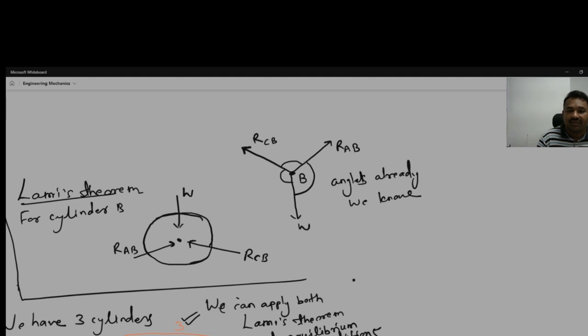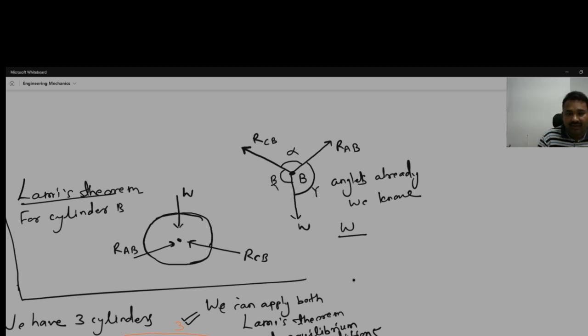So how to apply that? Like W divided by this angle, suppose I am writing here alpha, beta, gamma.